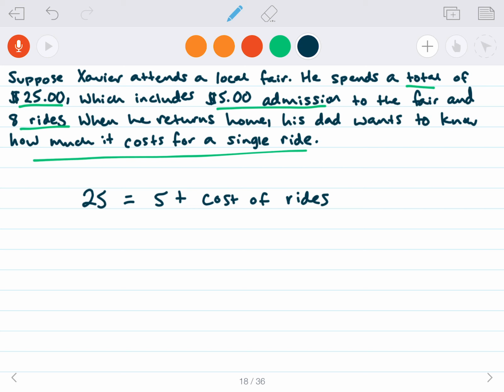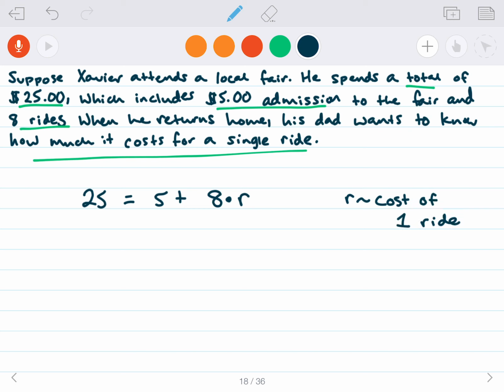And how can we represent the cost of the rides? Well, we know that he rode 8 rides, but we don't know how much a single ride costs. So instead of writing the cost of the rides, we can write 8 times the cost of one ride. So R is the cost of one ride.